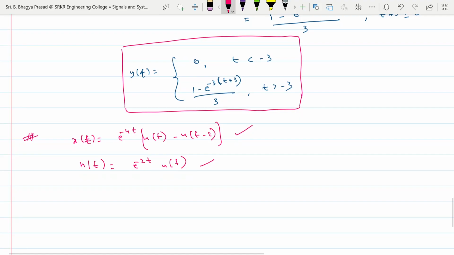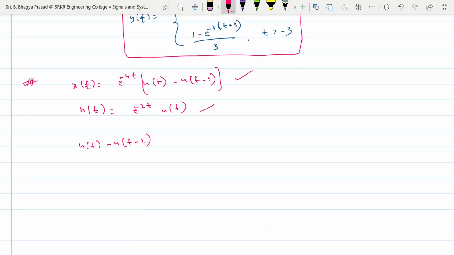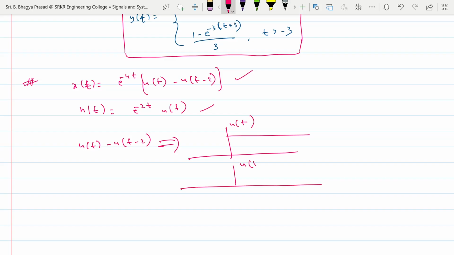Okay, let us plot x and h. So x of t will be e power minus 4t multiplied with u of t minus u of t minus 2. Let's see first u of t minus u of t minus 2. So u of t will be like this, and u of t minus 2 will be like this.